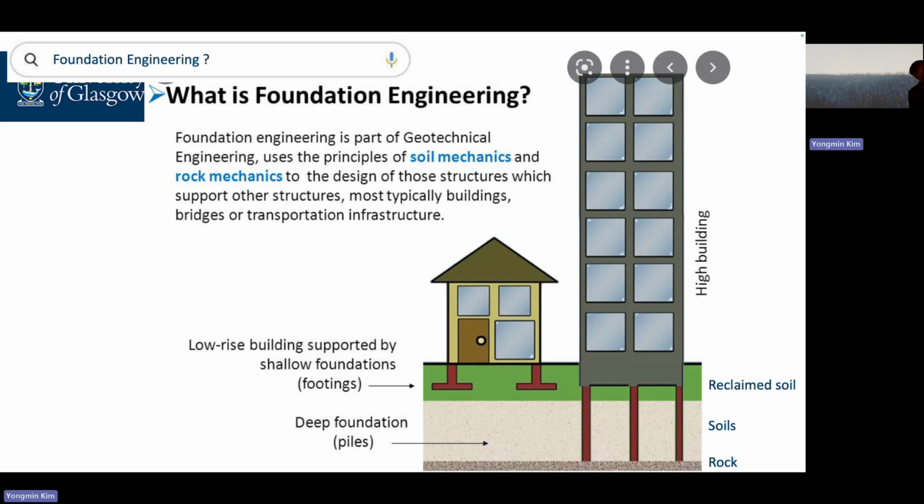And in geotechnical engineering modules, you mostly deal with geotechnical structures, retaining walls and slopes and canals, something like that. The combination of these two, soil mechanics and geotechnical engineering, together with rock mechanics, can determine our foundation design.